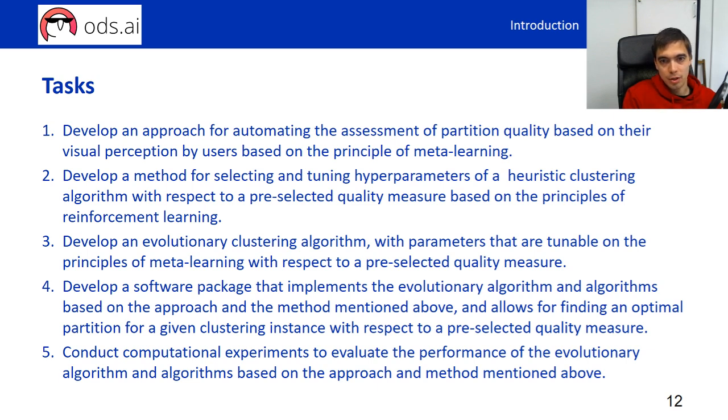And after that, we develop a software package that implements the evolutionary algorithm and all the algorithms and methods mentioned above. And after that, we conduct the computational experiments to evaluate the performance of all the methods and approaches that we propose.